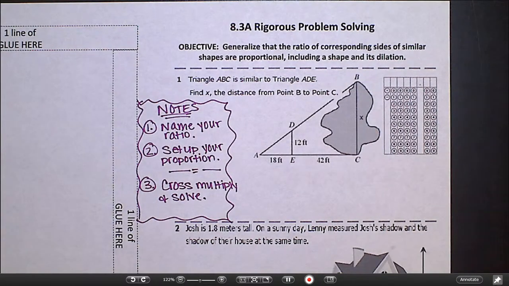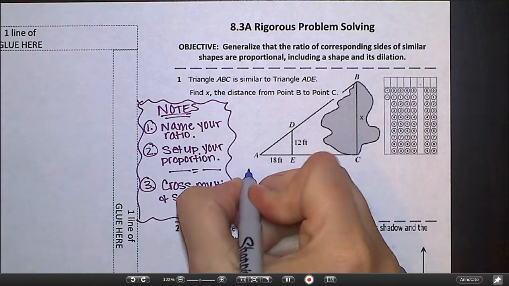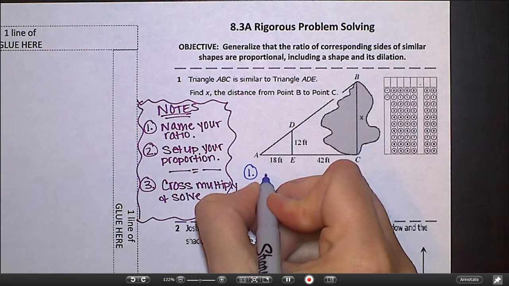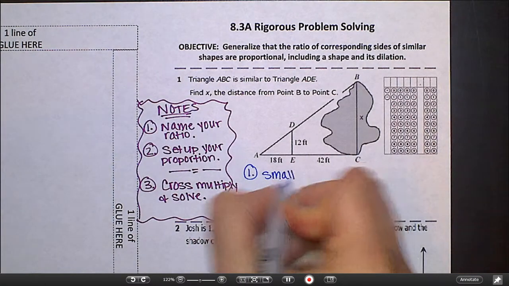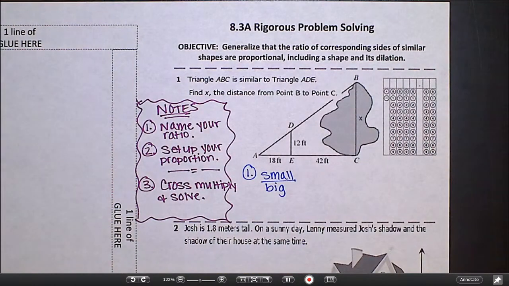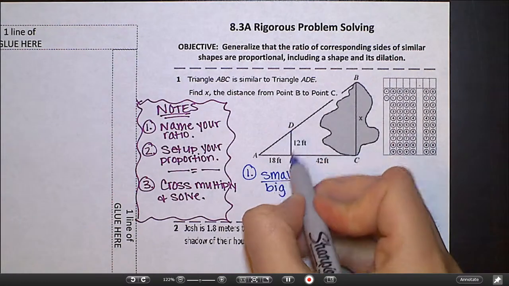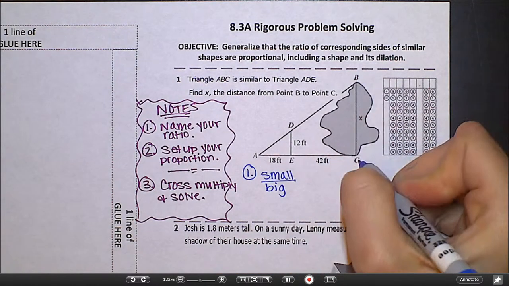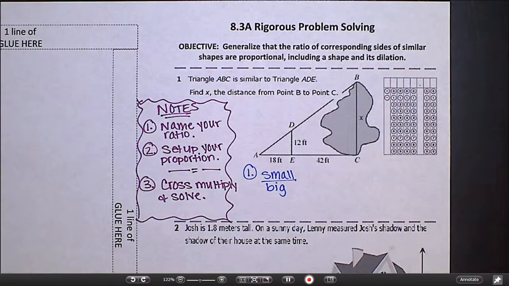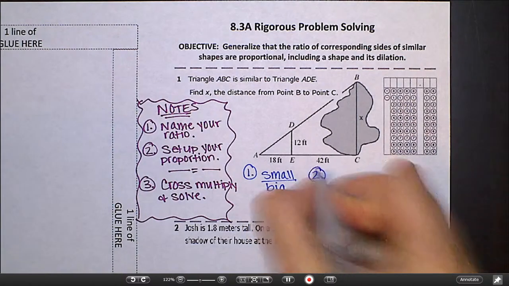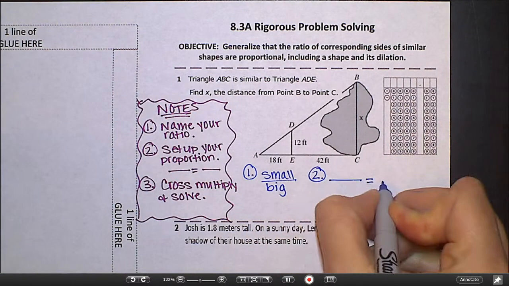So the first thing we need to do, step 1, is to name our ratio. And I'm going to do this as small over big. My small triangle, ADE, over my big triangle, ABC. So step 2 is to set up your proportion.